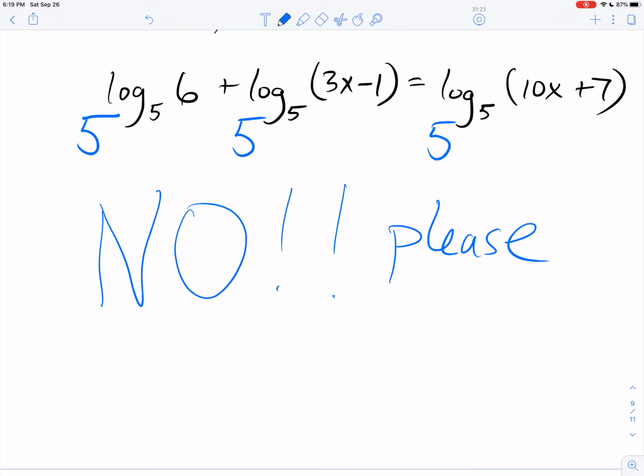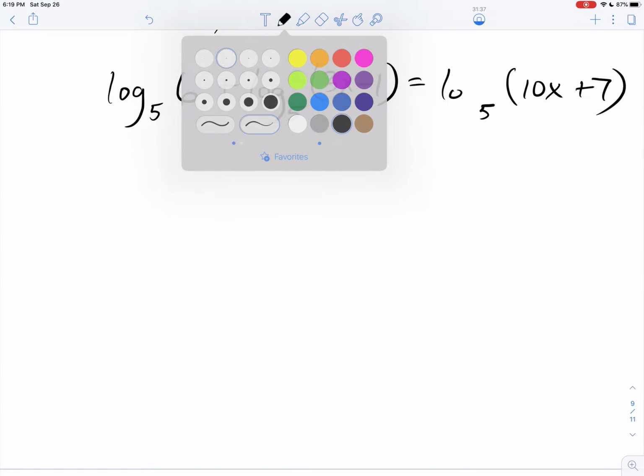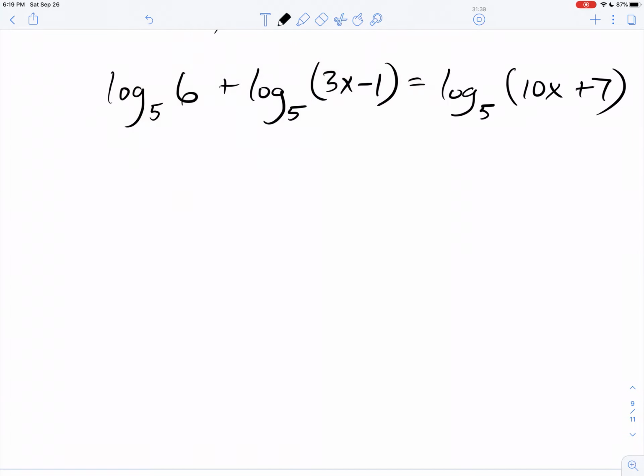Okay, I'm going to get rid of my big no please. I'm going to get this out of my way. I want to get rid of all my 5s here that I wrote in. Whoop, and I got rid of a little bit of the word log. That's okay, I'm going back to black pen. Bam. Here's what I'm going to do. I'm going to say this is a product.